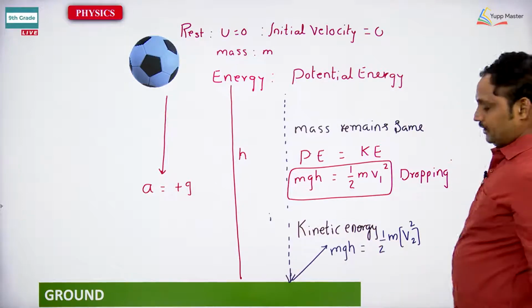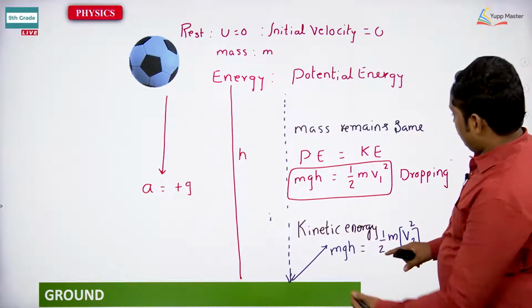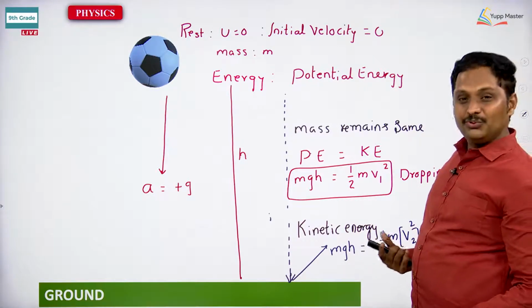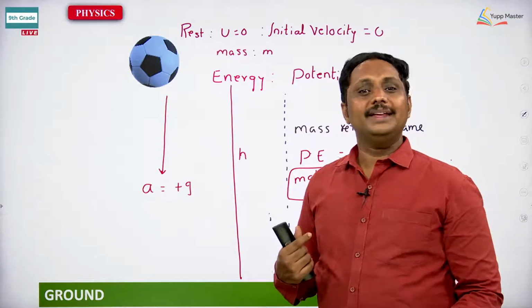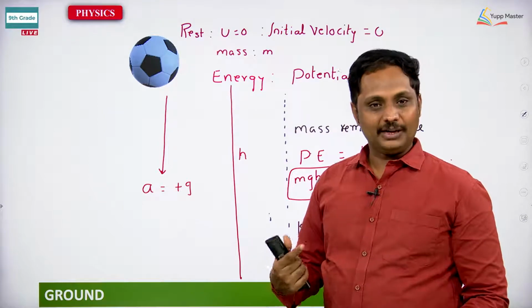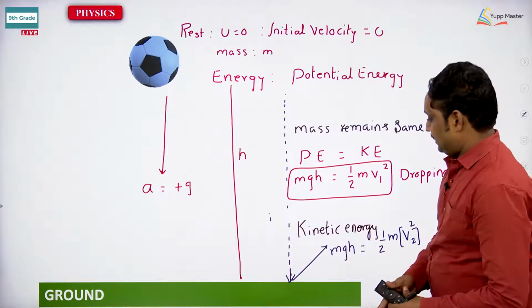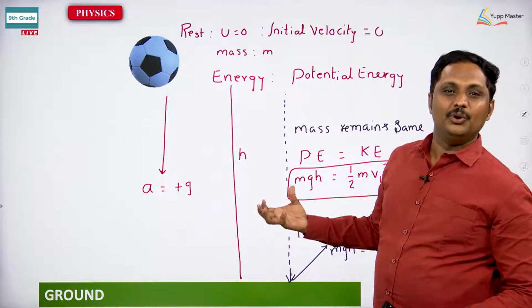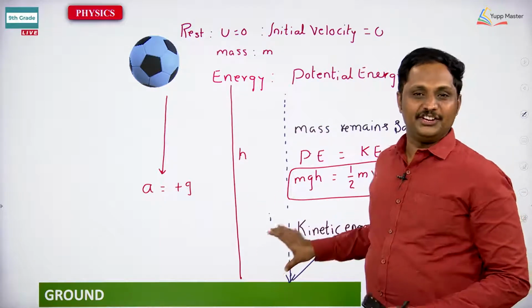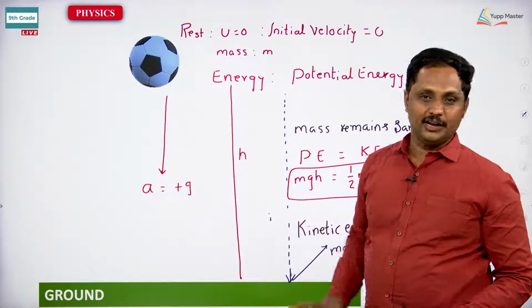We have to consider this v2 because we are going to take v1 is greater than v2, because after bouncing its speed is going to be decreased, obviously its energy is going to be decreased, no doubt at all.